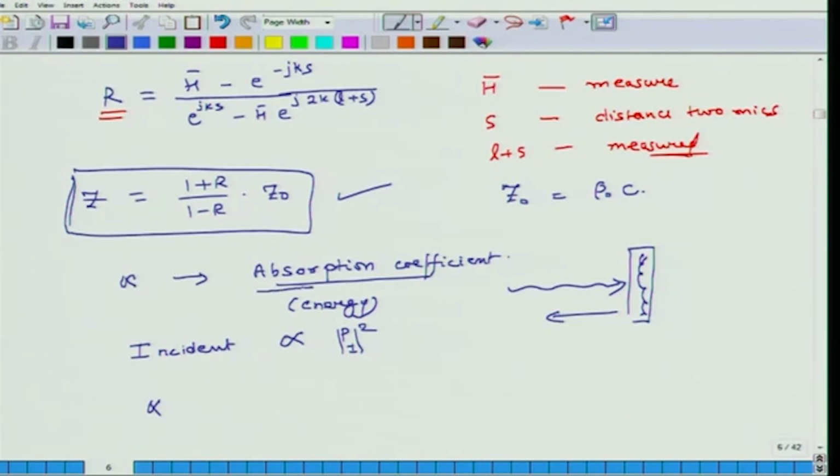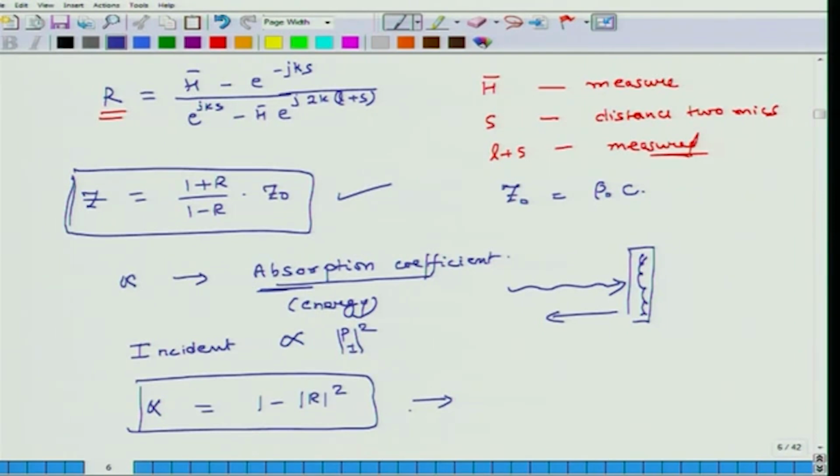And this is a coefficient, it's not the actual amount. So this will be nothing but 1 minus magnitude of r square, because r is a complex quantity. Okay, so that is your absorption coefficient. It's not the square root of that, because it helps us understand how much energy is being absorbed. So using this I can calculate absorption coefficient for the material.